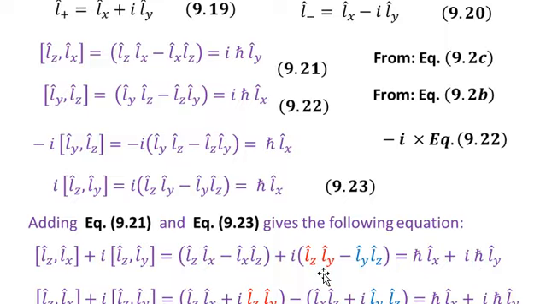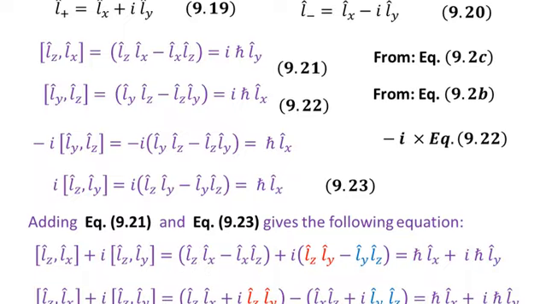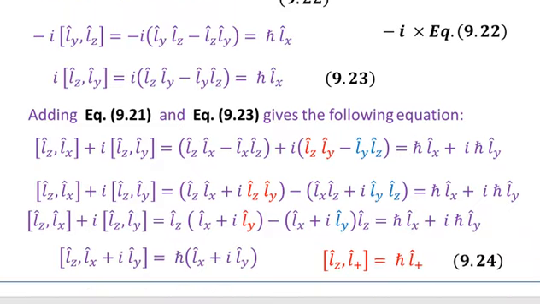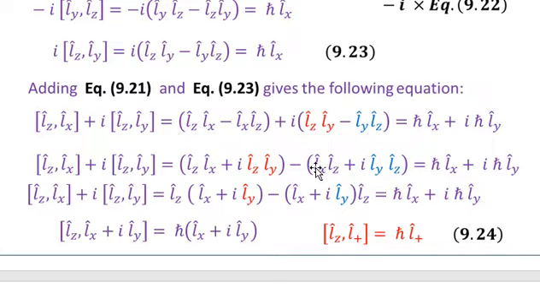And I have marked a term in red and a term in blue because I am going to adjust these two terms. So in the next step I have adjusted the red term. I have moved the red term somewhere, and also I have combined the blue term with some other term.